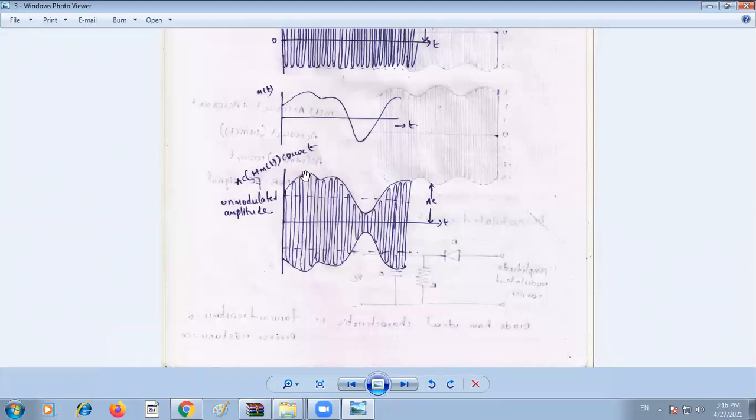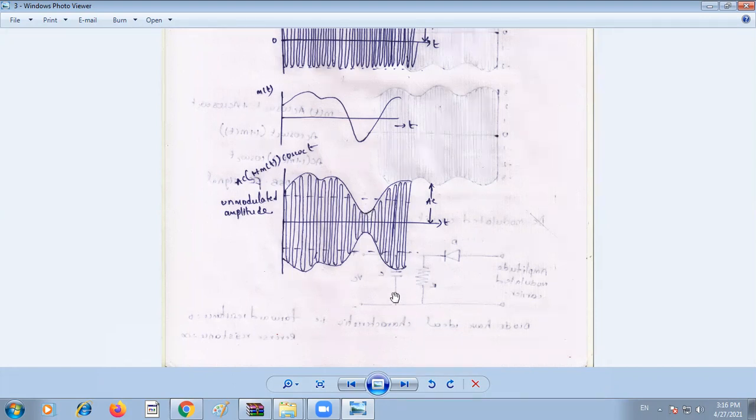There is a positive side variation, and the same replica occurs at the negative side. Then this entire wave is nothing but the envelope of the amplitude modulated wave. Students, observe here the envelope of the modulated wave has a maximum peak and a minimum peak, known as V maximum and V minimum.